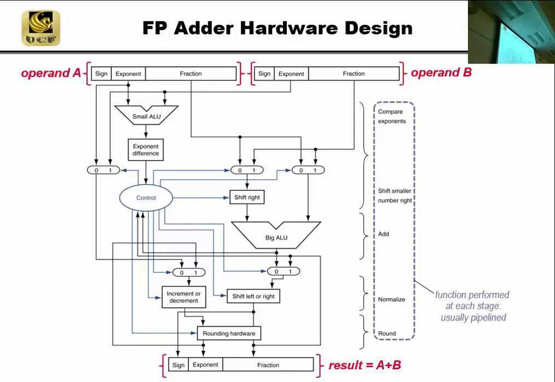Shift this right or shift this right based on which one is larger and smaller. This way they're going to end up with the same exponent. Then the other one is put into the ALU unchanged. Same thing we did here.